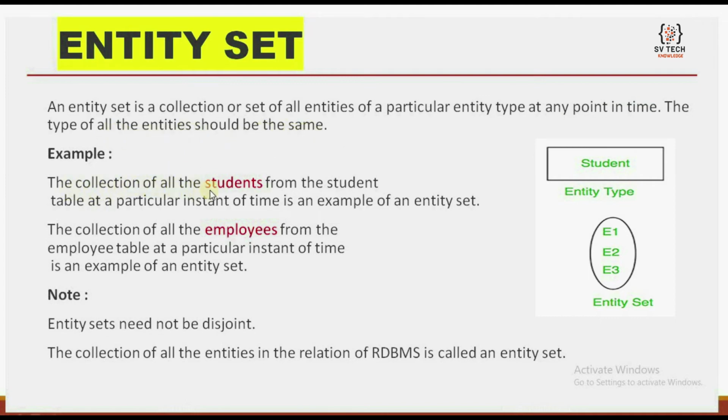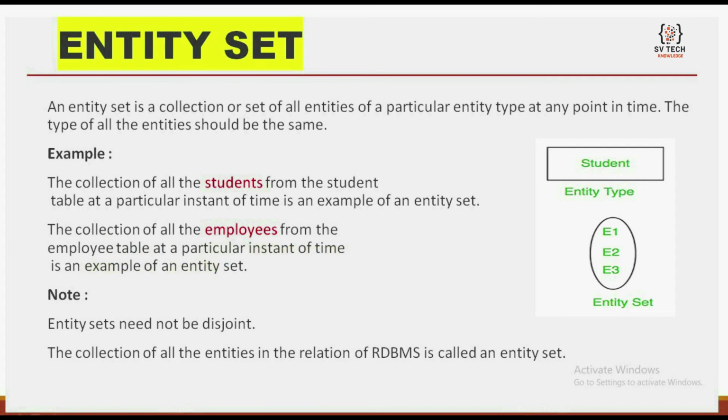The collection of all the students from the student table at a particular instance of time is an example of entity set. Otherwise, we can take one more example of employee. The collection of all the employees from the employee table at a particular instance of time is an example of entity set.